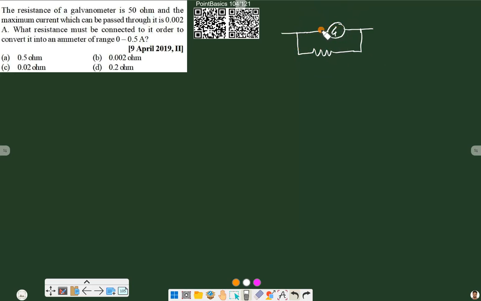Its resistance is mentioned, and the maximum current that can pass through it is 2 into 10 raised to power minus 3 ampere. Now as per the question, we have to make it work like an ammeter with range 0 to 0.5 ampere. So if our original current is 0.5 ampere, it means out of these 0.5 amperes, the current flowing through this resistance, that is RS shunt, will be equal to 0.5 minus 2 into 10 raised to power minus 3 ampere, because this is the maximum value which can go through the galvanometer without damaging it.